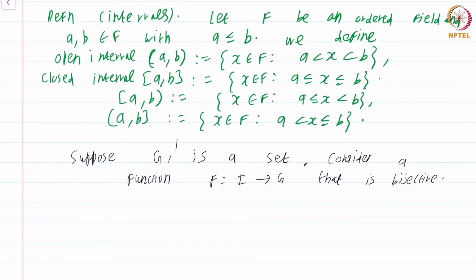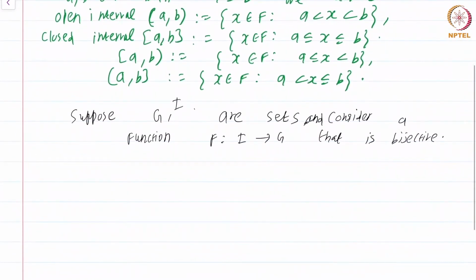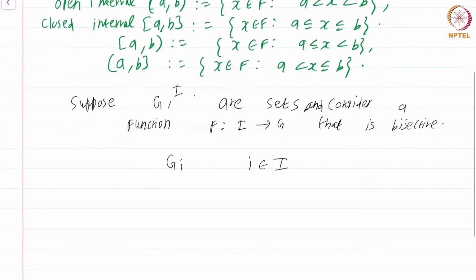So suppose G, I are sets, and consider a function f from I to G that is bijective. Then obviously I can consider the elements of this set G as some G_i where i is coming from capital I. What I am essentially meaning by this is that G_i is nothing but f of i.